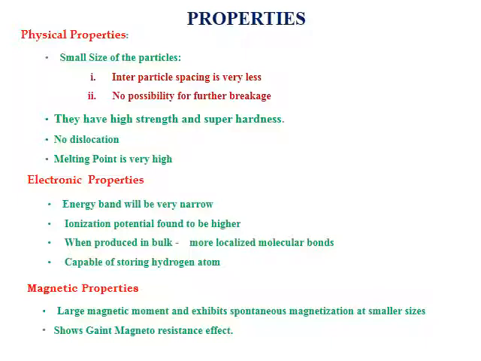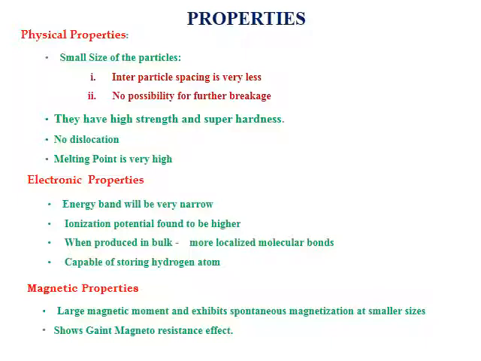In electronic properties, the energy band will be very narrow, and the ionization potential is found to be higher than that of micro size particles. When these nanomaterials are produced as a bulk product, they will have more localized molecular bonding, and that makes the material hard and strong.